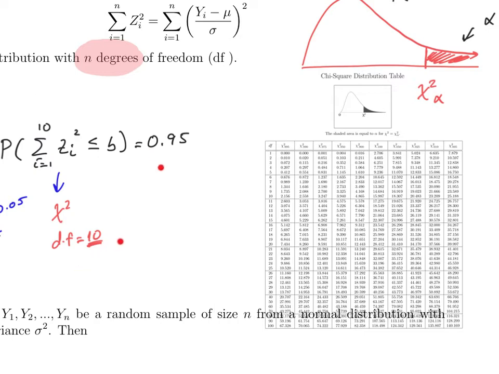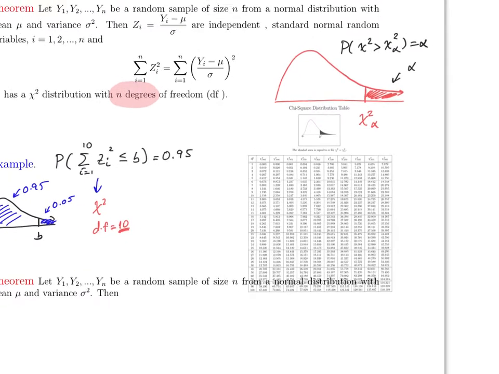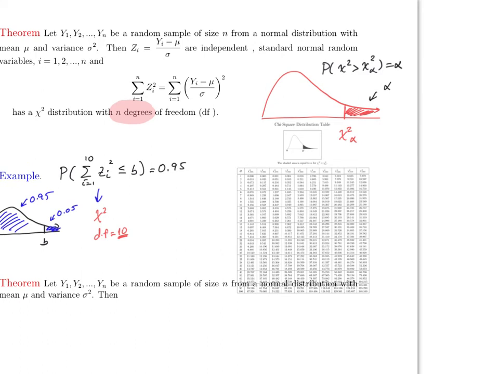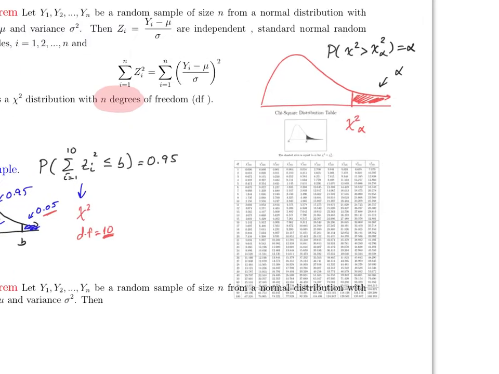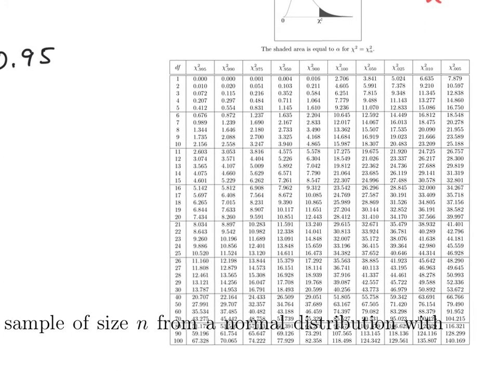So that means that you are really looking for the area to the right to be 0.05, and you have 10 degrees of freedom. So since we have 10 degrees of freedom on the table, just go to 10, which is here. And then you want the area to the right to be 0.05, which is this one. So the value that you're looking for is 18.307.